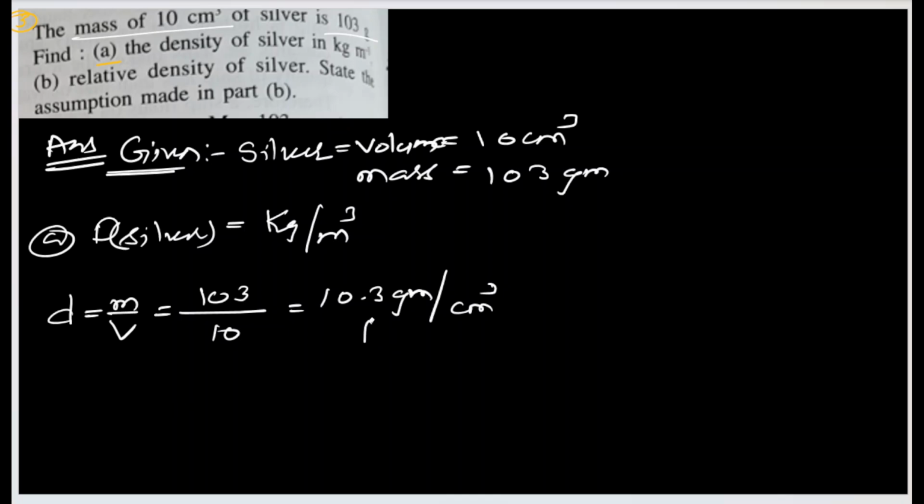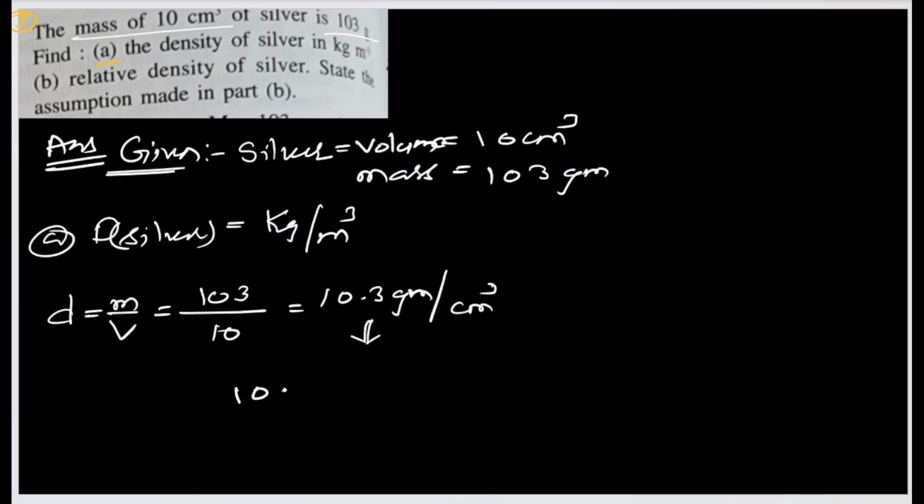Now you need to convert this value into kg. So what you need to do? You need to understand that 1 gram per centimeter cube is how many kg per meter cube. Or simply, you need to understand the relationship between the CGS and SI units that we have already discussed in tutorial 1.